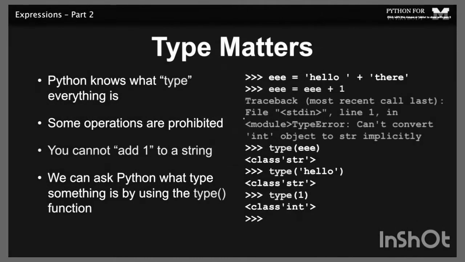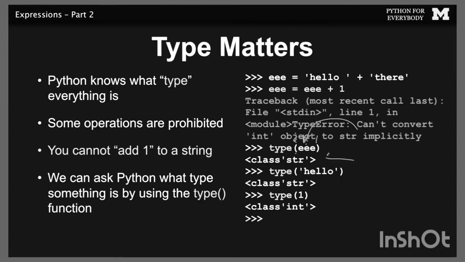And so if we think about Python and say, hey, you're so picky and you blow up if I make the least little mistake on types, help me out here. It turns out that Python has a built-in function called type. Again, it's type with parentheses. Function calls have parentheses on them, and we pass something in. And we say, hey, Python, tell me what the type of the variable EE is.